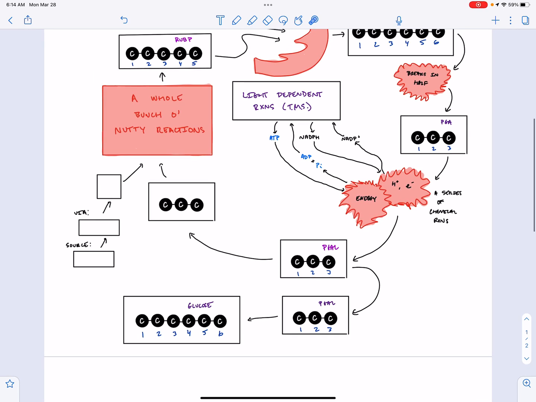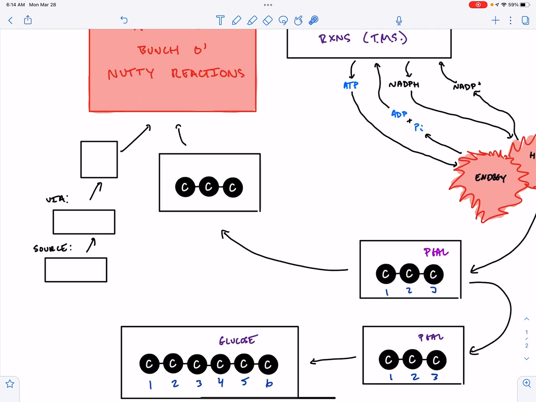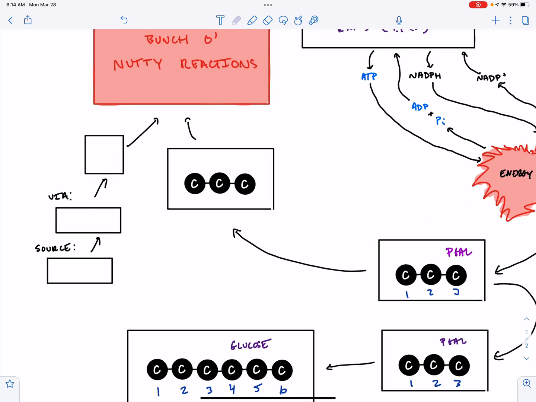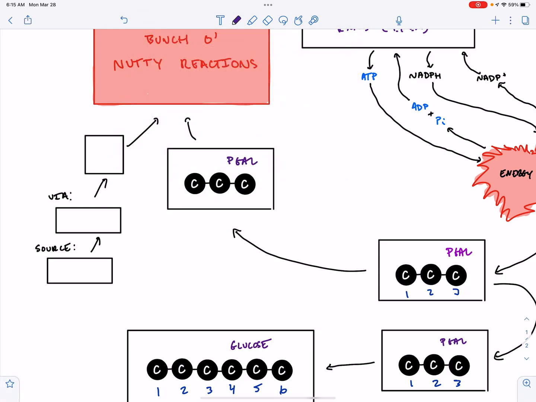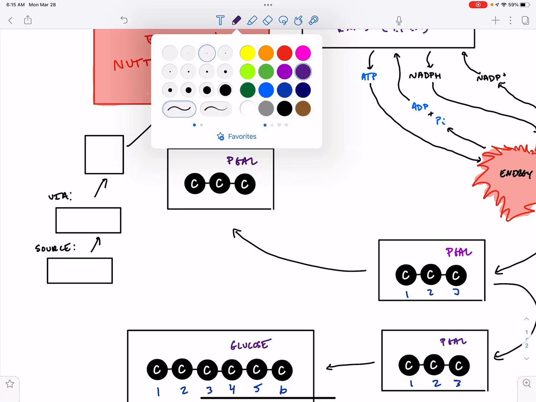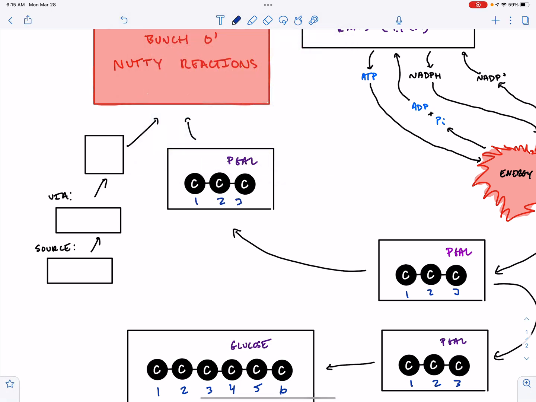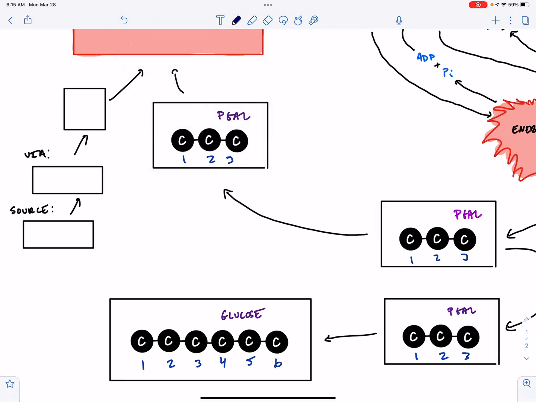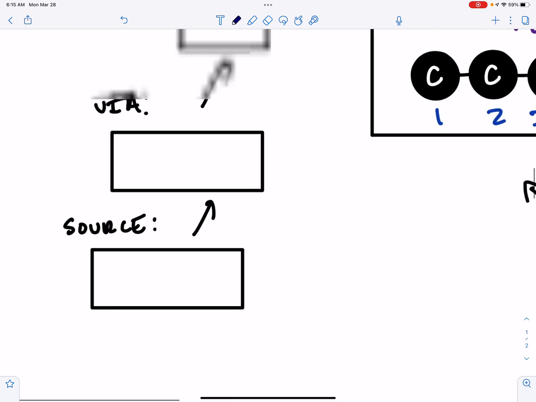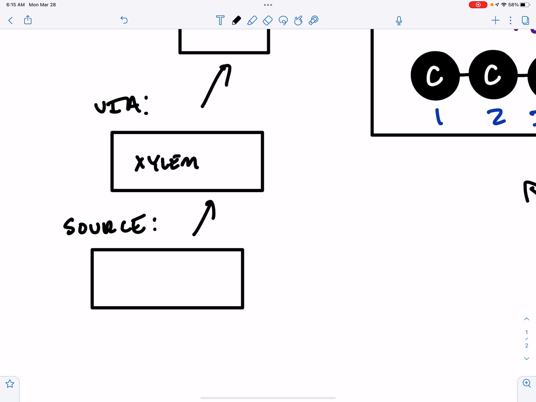In order for this cycle to be complete, we've got to return PGAL back to RuBP. The way that's accomplished is if you take PGAL, which is again a 3-carbon compound, and you add a little water that comes via the xylem, and the source is the soil.